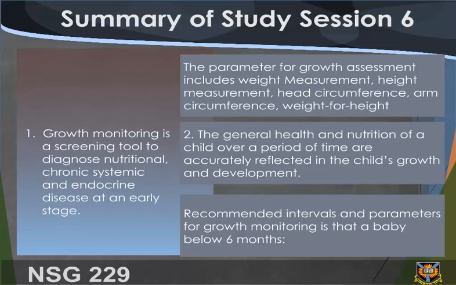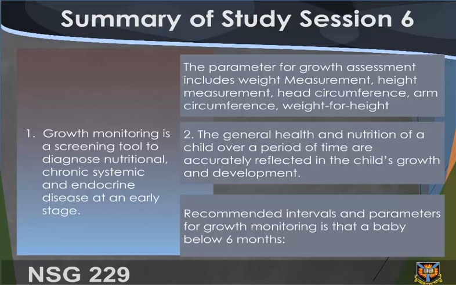Summary. 1. Growth monitoring is a screening tool to diagnose nutritional, chronic, systemic, and endocrine disease at an early stage. The parameters for growth assessment include weight measurement, height measurement, head circumference, arm circumference, weight for height. 2.